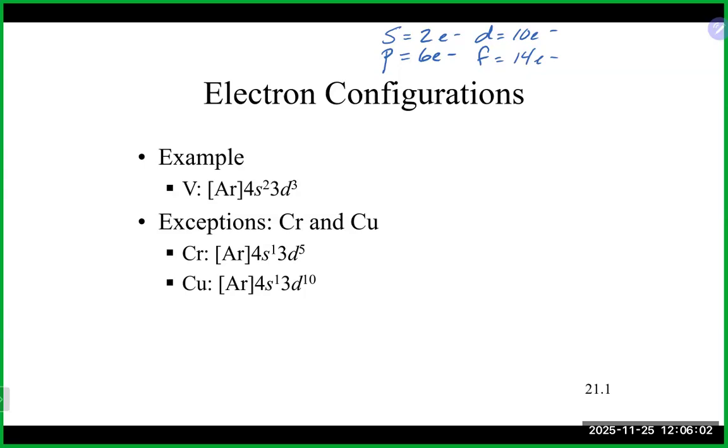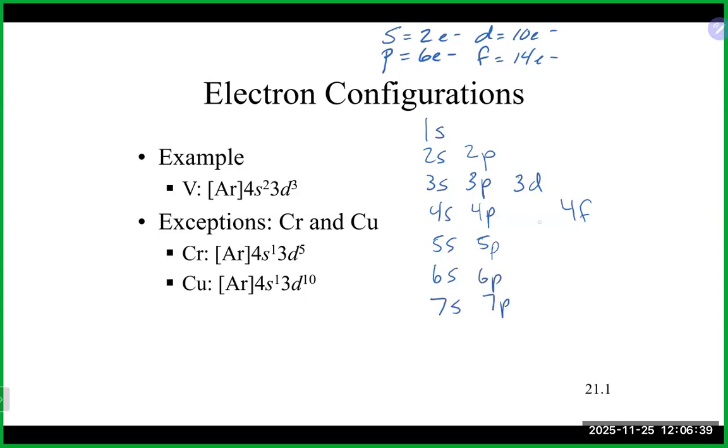If you remember 1, 2, 3, 4, that also allows you to figure out the proper electron configuration, because maybe you made a chart like this before where you go 1s, down to the right a little bit, 2p, down to the right 3d, down to the right 4f, and you basically just fill in the numbers underneath: 2s, 3s, 4s, 5s, 6s, 7s, 2p, 3p, 4p, 5p, 6p, 7p, 3d, 4d, 5d, 6d, and 5f.